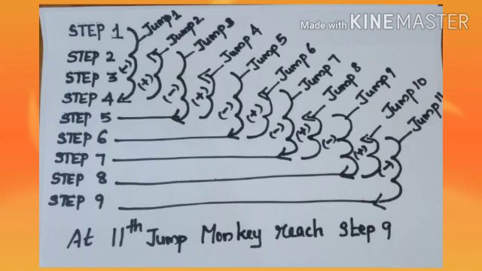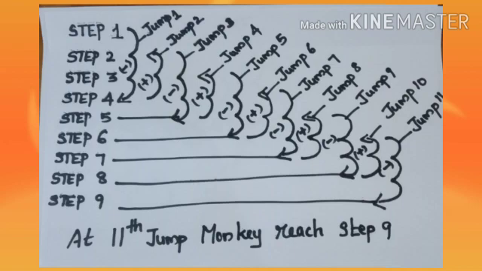Again the monkey jumps 3 steps down. 2 to 3, 3 to 4, 4 to 5. So at jump 3 the monkey is on step 5. Then it jumps back 5 to 4, 4 to 3. So at jump 4 the monkey is on step 3.